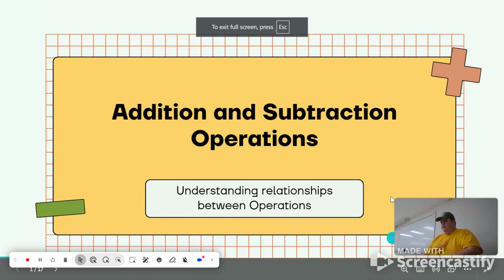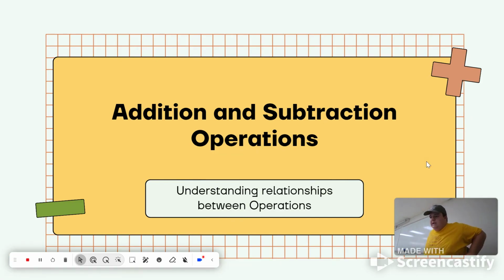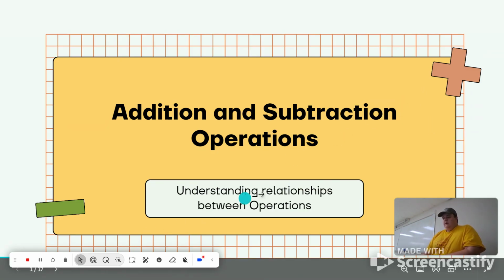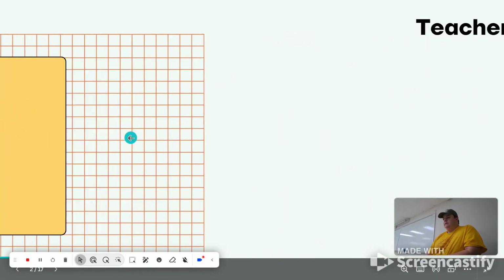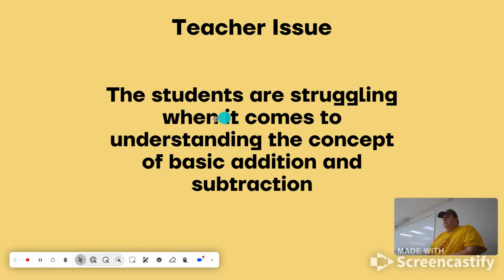Okay, so this is my lesson plan for the issue that I had contacted a teacher that I know about. The issue is that the students are struggling to understand the concept of basic addition and subtraction.